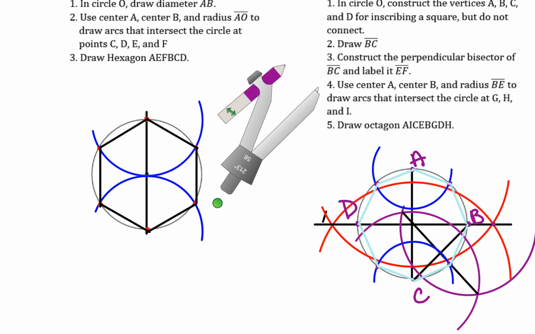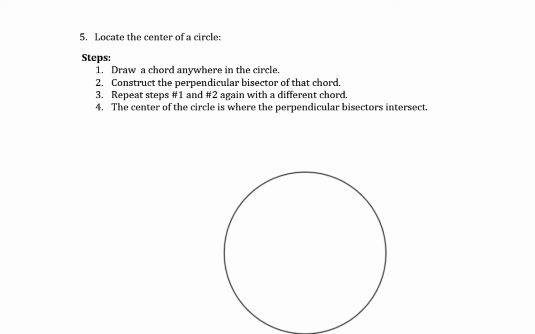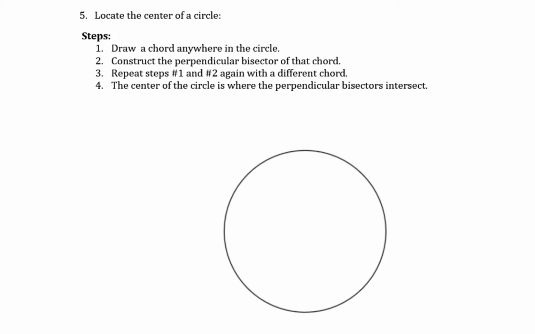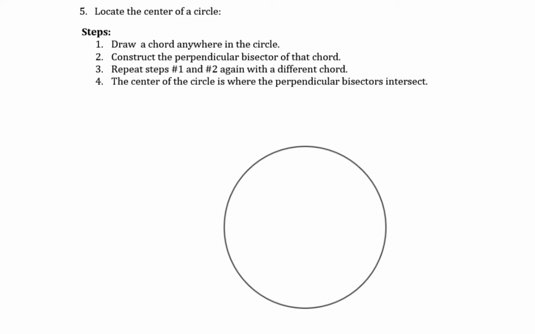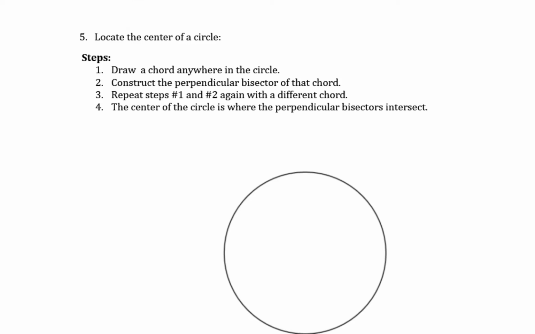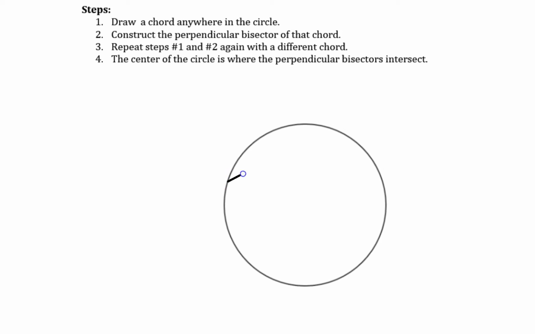Now, on the last page here, one of the final constructions to review is just locating the center of a circle. Start off by just constructing a chord anywhere on the circle. Okay, now you're going to do the perpendicular bisector of that chord.